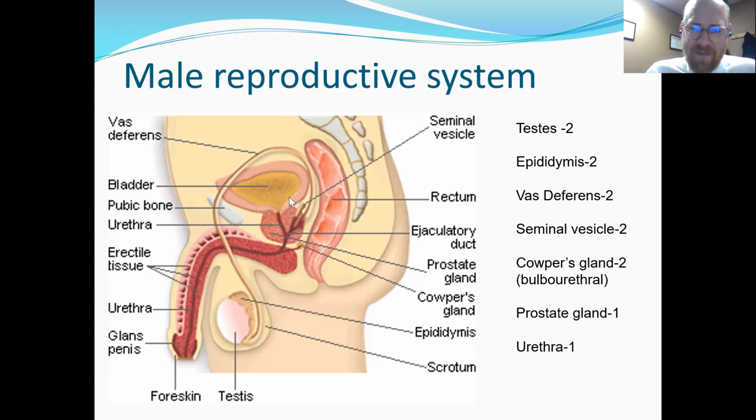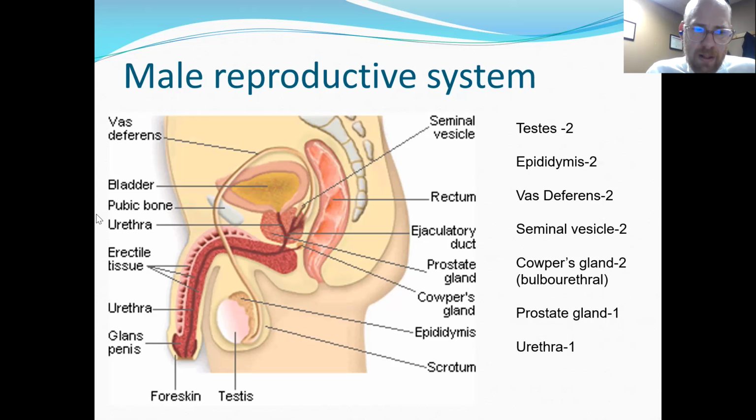During sexual activity, the corpora cavernosa on either side fill with blood, the penis becomes erect, and then the male ejaculates at the end.